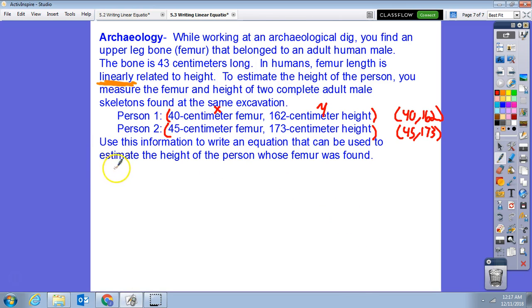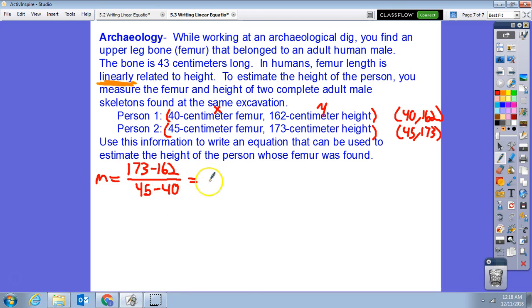So, what we're going to do is the same thing we did in the last problem. We're going to find the slope. y2 minus y1 over x2 minus x1. I'm going to show you that again. y2 minus y1. x2 minus x1.